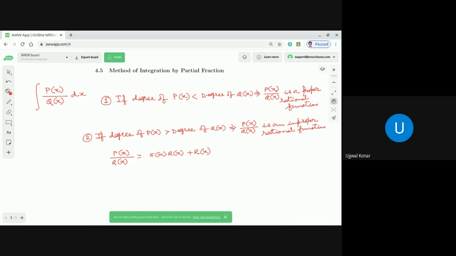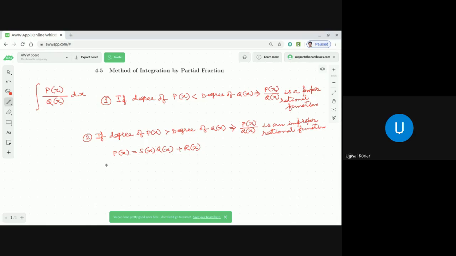In fact, I wrote it a little wrong. So p(x) should be like this. We can express p(x) equal to s(x) into q(x) plus r(x), where s(x) is known as the quotient and r(x) is known as the remainder, if you recall Euclid's division lemma.